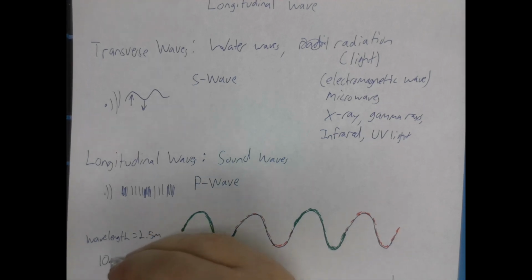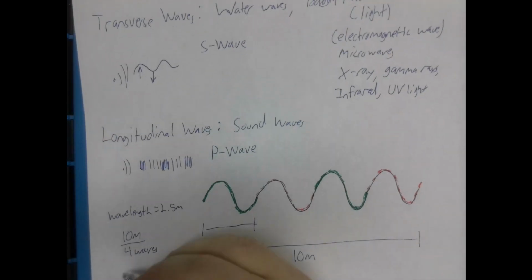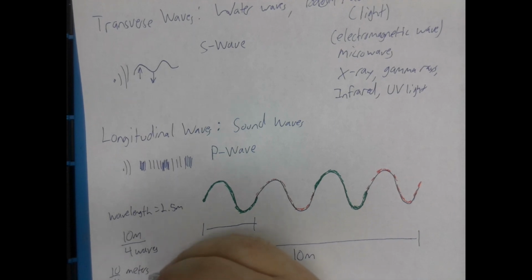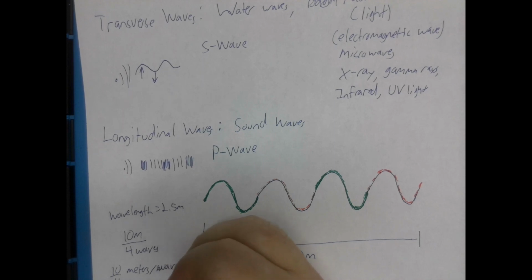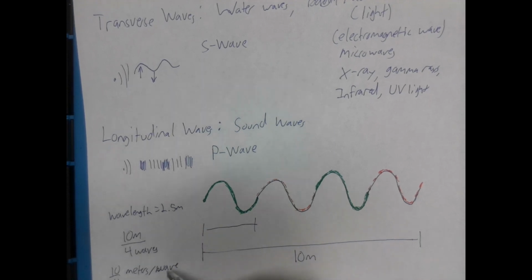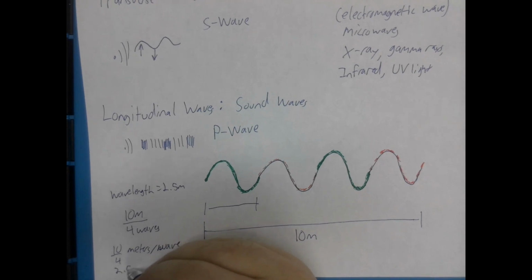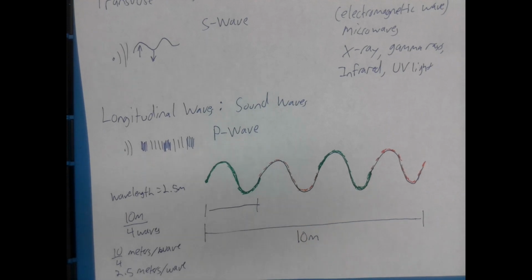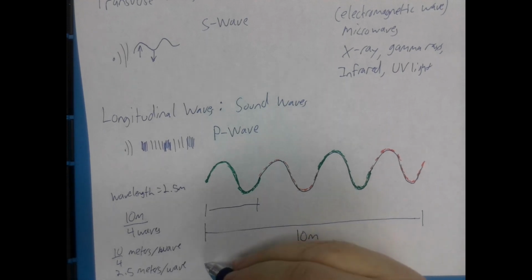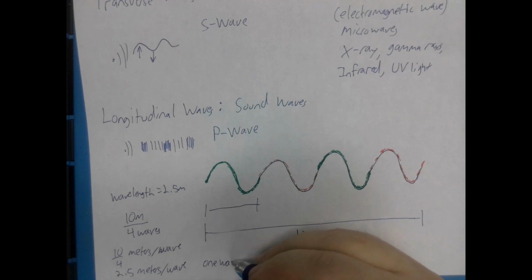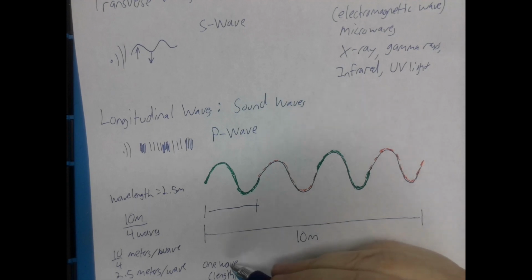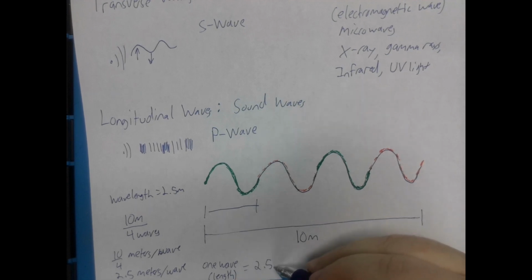So that is 10 divided by 4 meters per wave, which is 2.5 meters per wave. And meters per wave is a wavelength. Yes, it will be math, just like the homework. So one wavelength is equal to 2.5 meters.